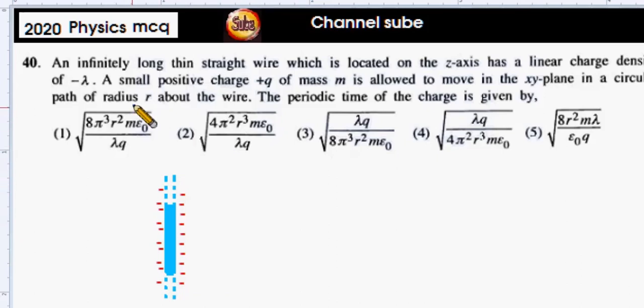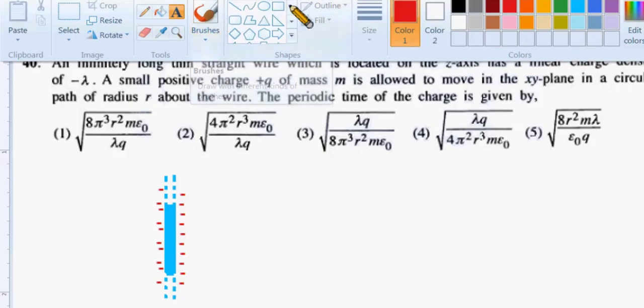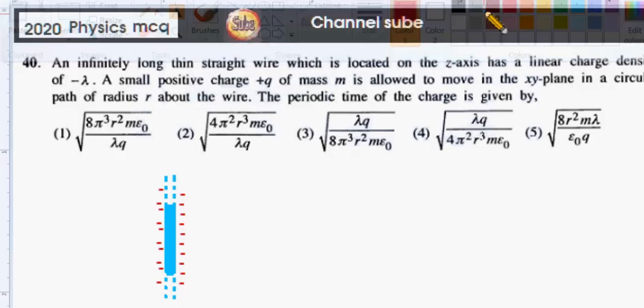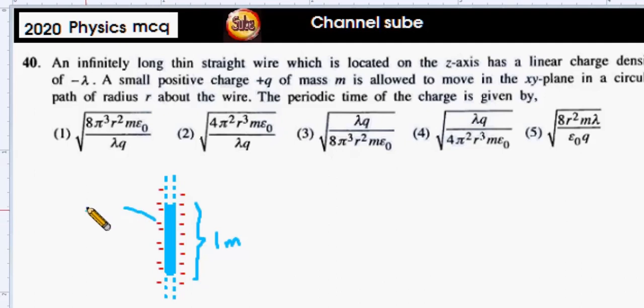So what is this lambda? Charge density is the total charge distributed along 1 meter of the wire. So if this length is 1 meter, q is then lambda.